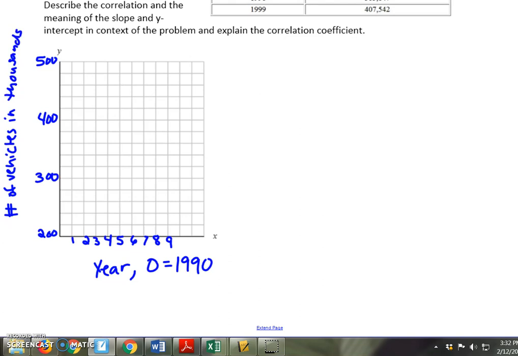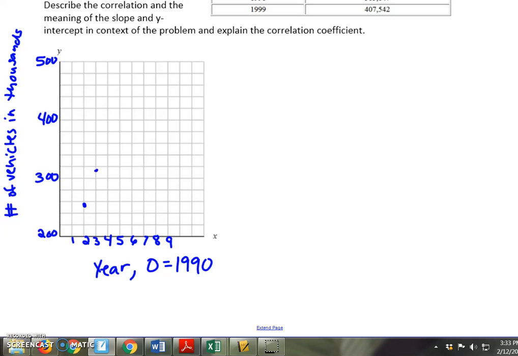Now we can graph our scatter plot. We're going to take each of those ordered pairs and graph them. In the year 1992, it was 251,352, so somewhere around there would be a point. In 1993, it was 314,000, so that's going to be up here. Remember that every horizontal line is 20,000.